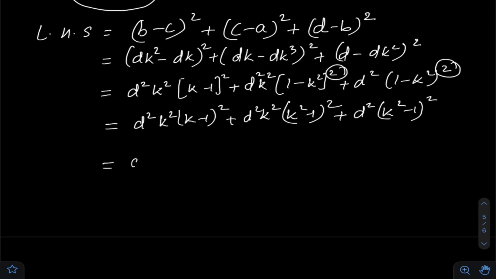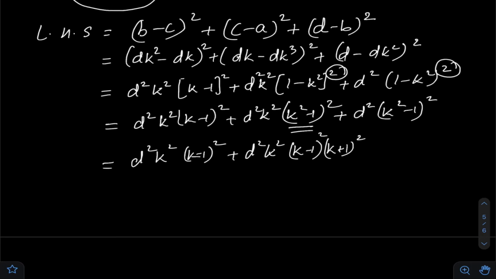Now again what you have to do, d square k square (k minus 1) whole square, and then d square k square, and here you will apply the formula. It will be (k minus 1)(k plus 1) whole square. Similarly here (k minus 1)(k plus 1) whole square.